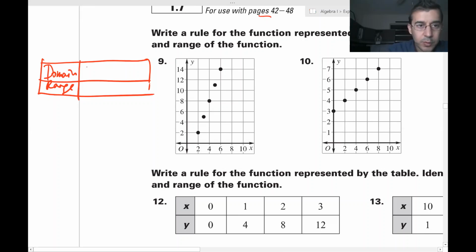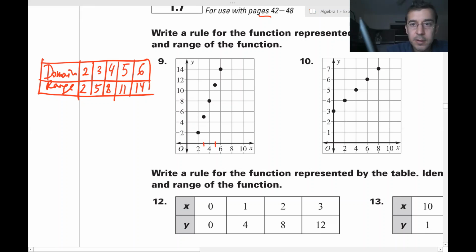We have 2 and 2. Then we have 3 and 5. Then we have 4 and 8. Then we have 5 and 11. And then 6 and 14.